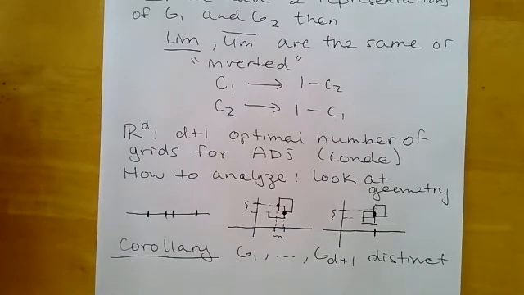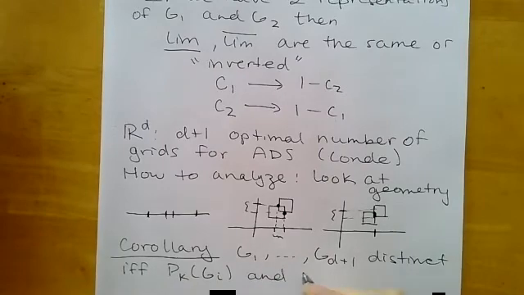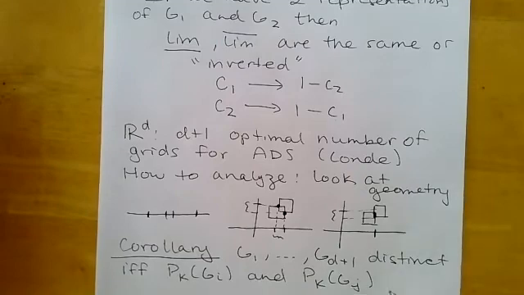So this is the d-dimensional case. G1 to G_{d+1} grids are distinct if and only if the projection of any two of them onto every coordinate axis are distinct in R.